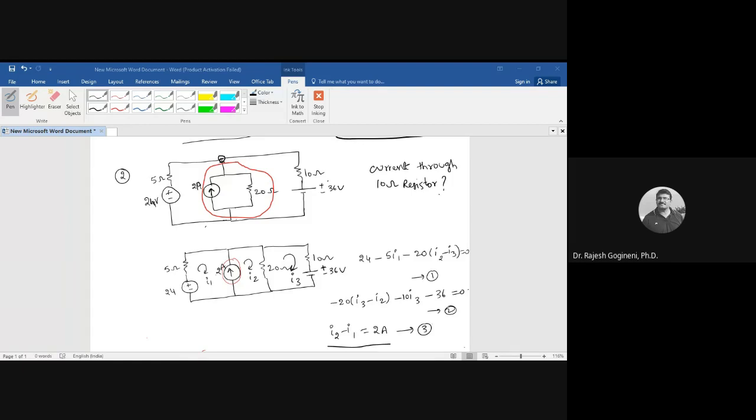Does it further simplify or not? Is it useful applying source transformation to the circuit? Is the source transformation useful or not?